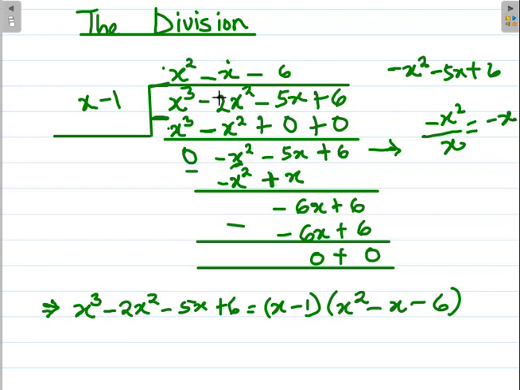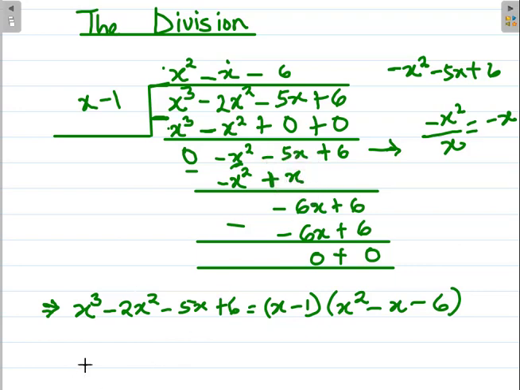That's how we're able to get this minus x here in the answer. Then after dividing, you multiply. Minus x times x is minus x squared. That's why we have minus x squared here. Then minus x times minus 1 is plus x. That is how we're able to get this plus x that is here.